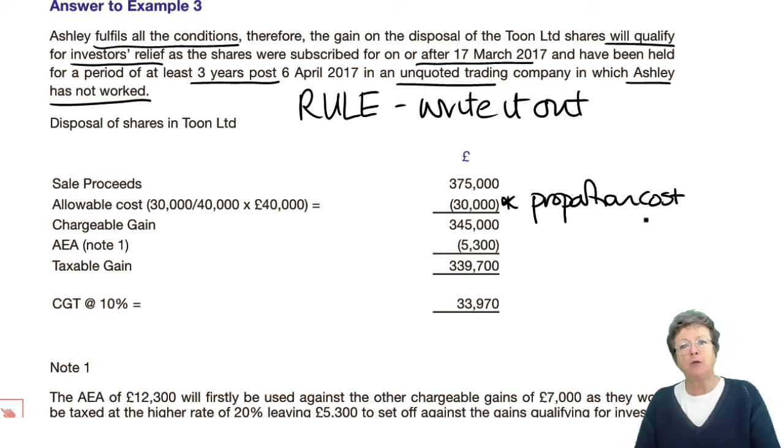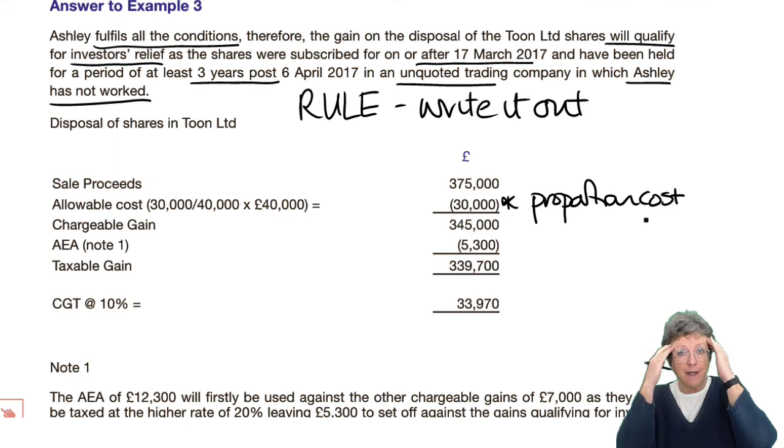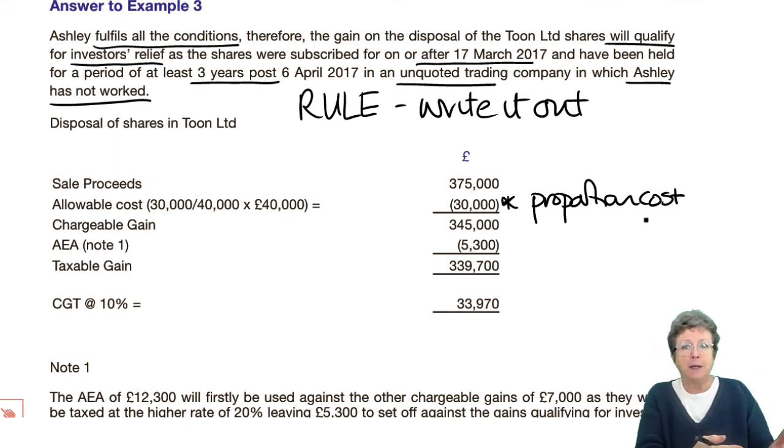Now, part disposal, yes, but with shares, this is a simple calculation. If you're not given the value of what's left, don't worry about that, just do whatever numbers you've got. Use your common sense. Had 40,000, they cost £40,000. I've sold 30,000, therefore that must be the cost.